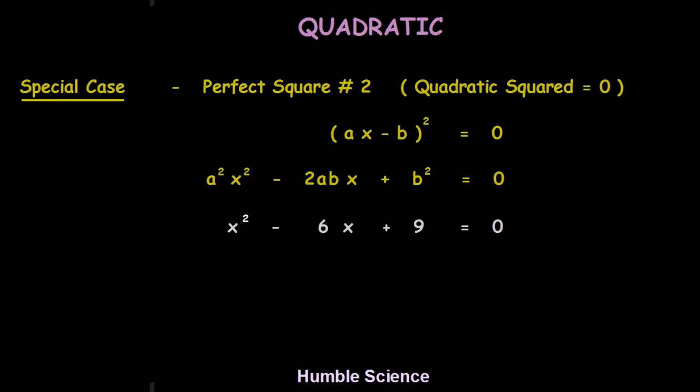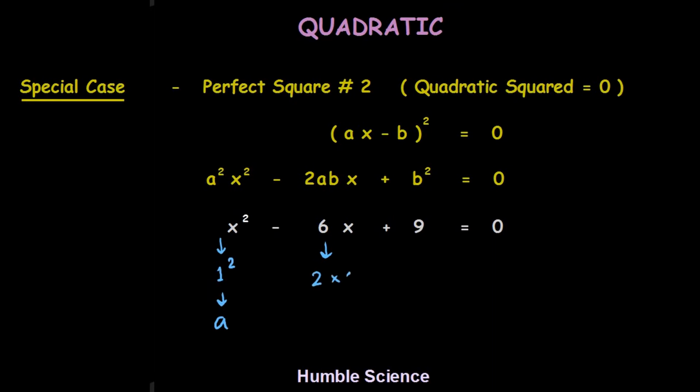Let's take a look at an example. Here we have x squared minus 6x plus 9 equal to 0. Again, you may solve this by factoring, but it may be faster when we notice that this is actually a perfect square. In the first term, we have 1. That means this is 1 squared, and a is equal to 1. On the second term, we have 6.